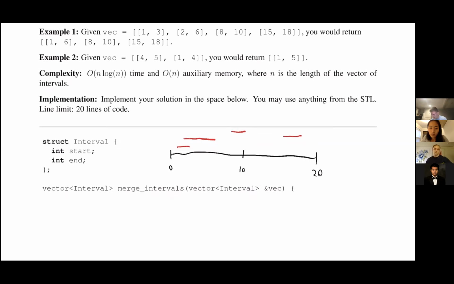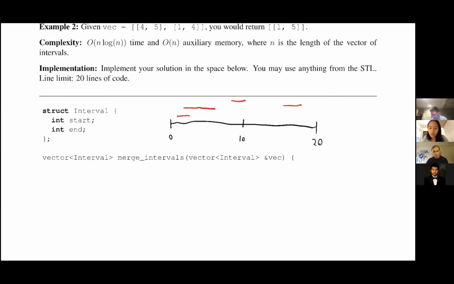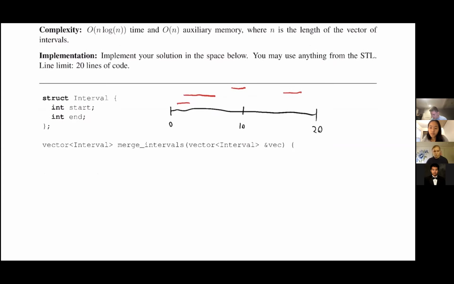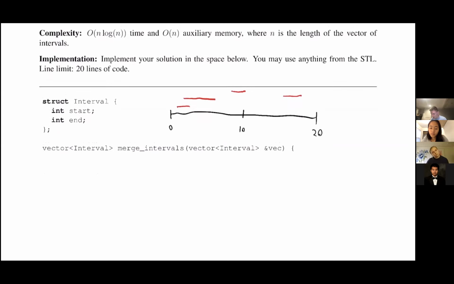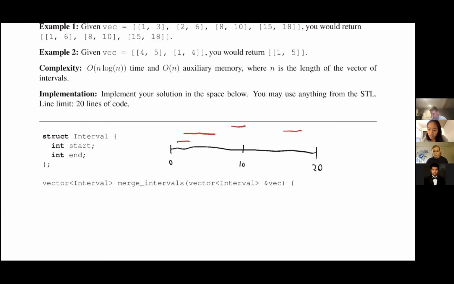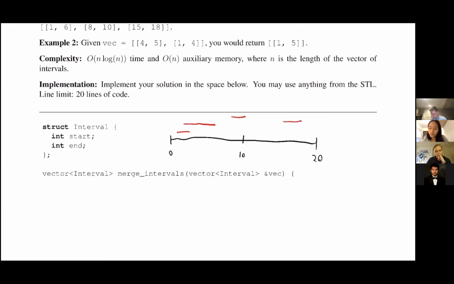To figure out that these two go together, it's easiest to compare them if they're right next to each other in our vector, and we can do that by looking at the end time. So my first idea was to sort these intervals by end time. Unfortunately, these are structs, so we need a custom comparator here.